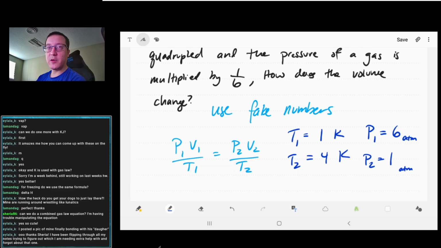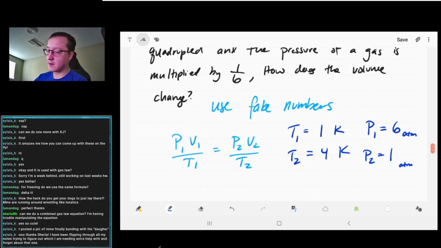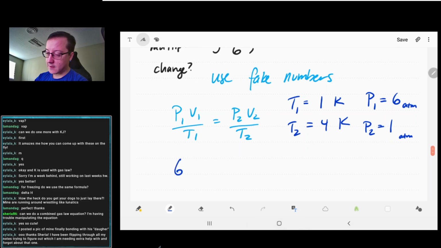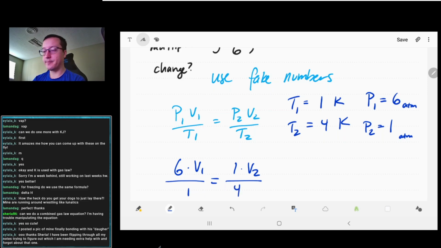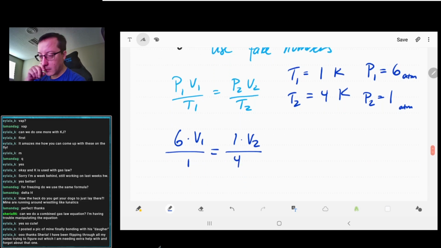So if we go ahead and plug these numbers in, 6 times V1 over 1 equals 1 times V2 over 4. We can see 24 times V1 equals V2, just cross multiplying there.